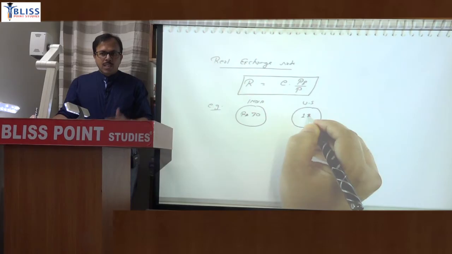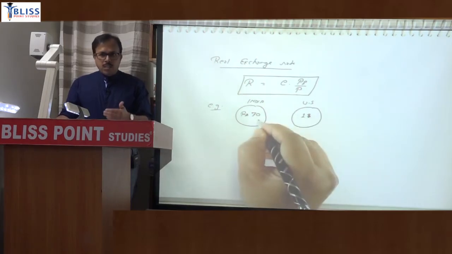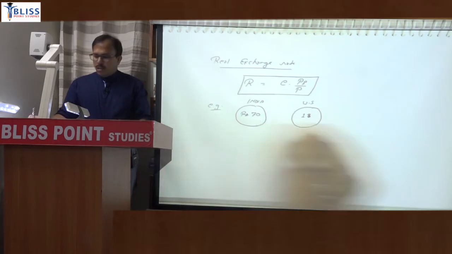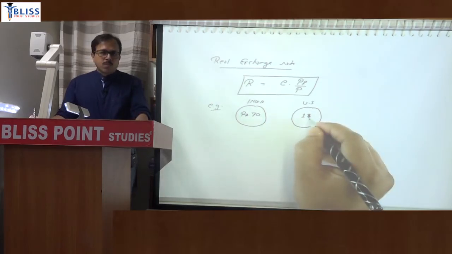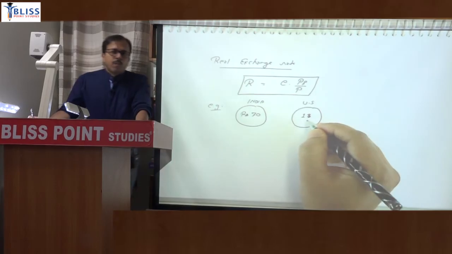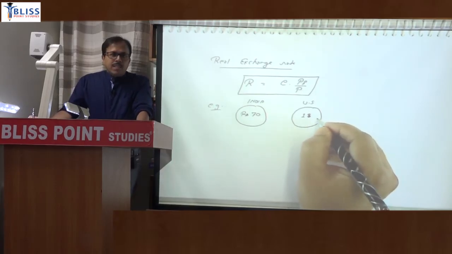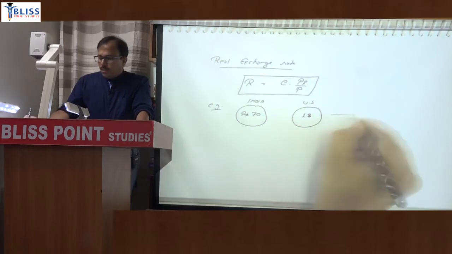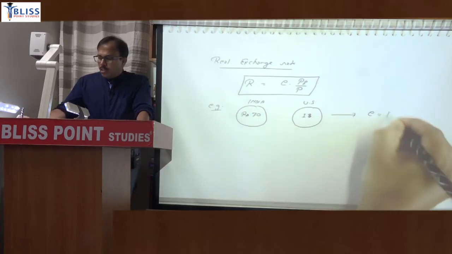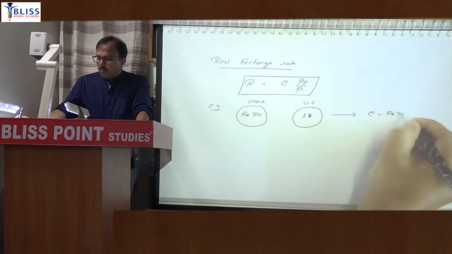So now we can say that the purchasing power of 70 rupees in India is at parity with the purchasing power of $1 in US. So based upon that purchasing power parity, the exchange rate will be 70 rupees for every dollar.